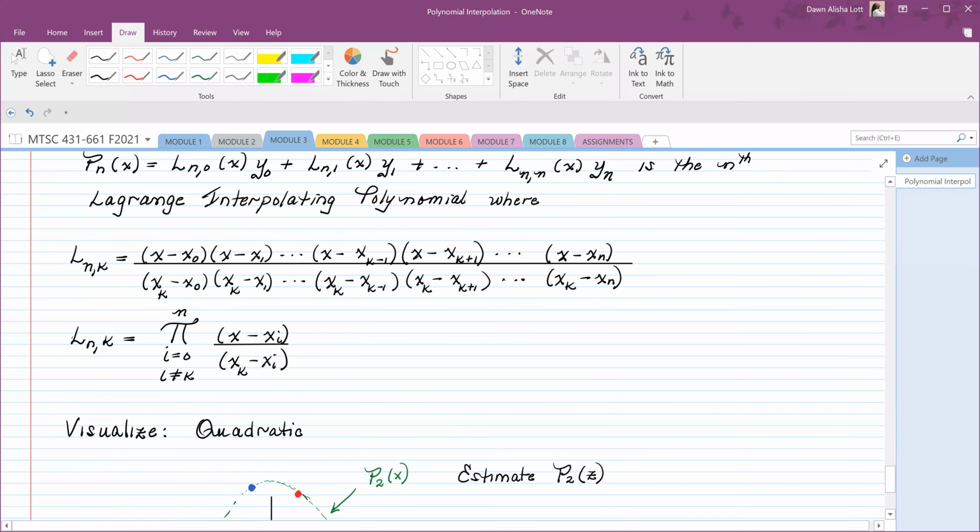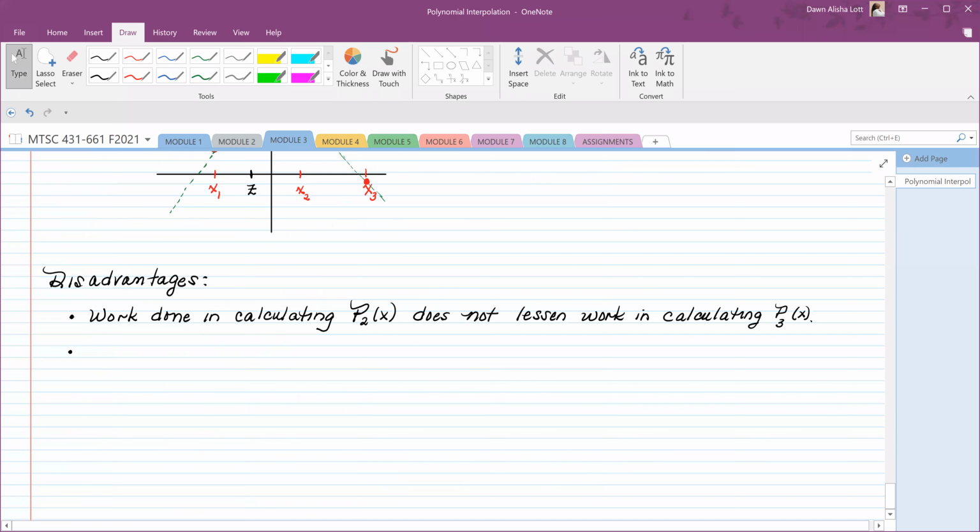Okay, and the second thing, and I think I'm going to end here because we're down to 2 minutes, is that it's inconvenient to pass from one interpolating polynomial to one of greater degree.